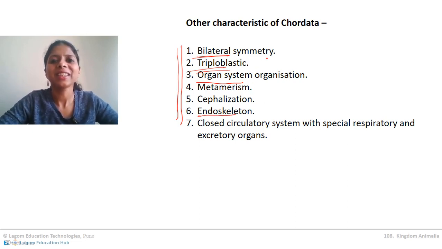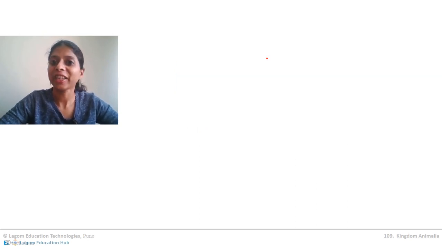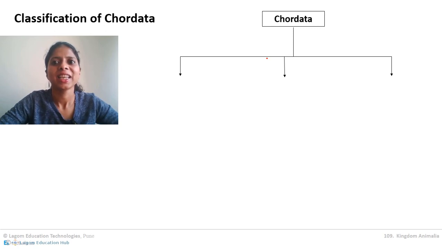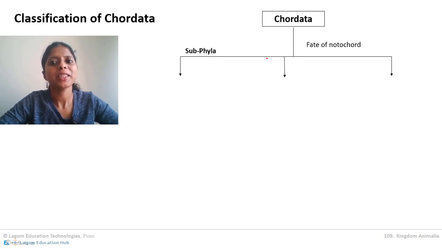So let us take an overview of the classification of chordates, and then we will study each subphylum of the chordates in detail. Now chordata is classified into subphyla on the basis of the fate of the notochord. Fate means the future of the notochord, exactly what will happen with the notochord.